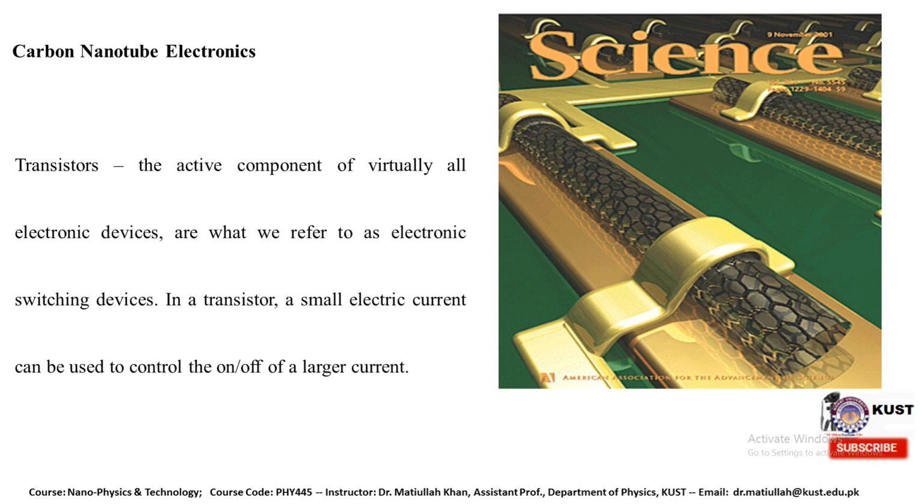Here carbon nanotubes are arranged in a very regular pattern. So this could be used for very useful application in electronics, because a very small electrical current can be controlled with the help of some small switch, and that can control a large current.